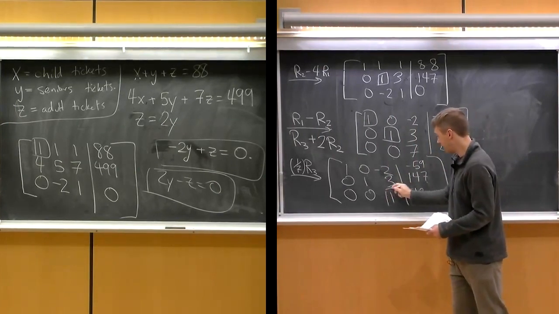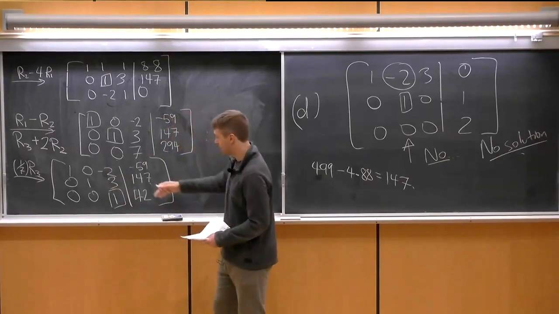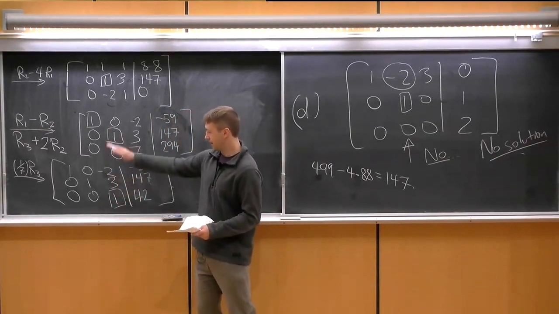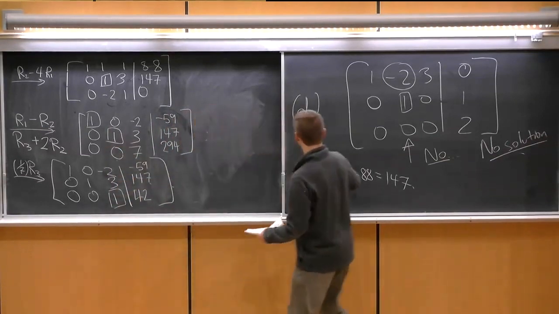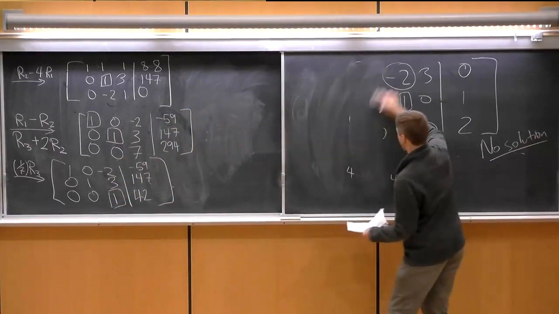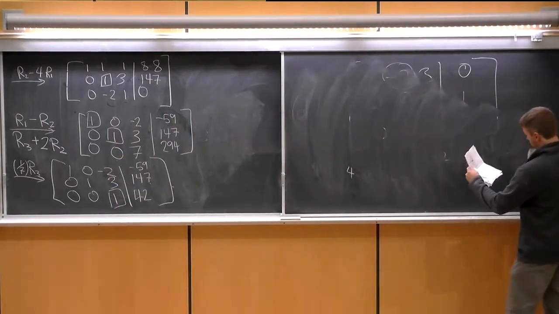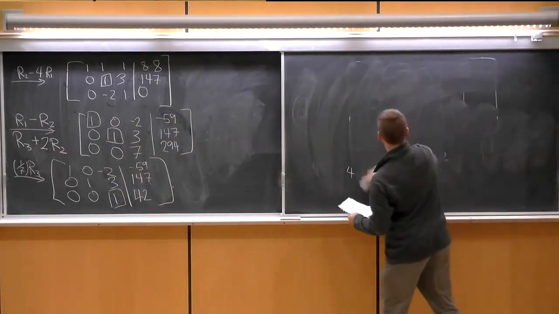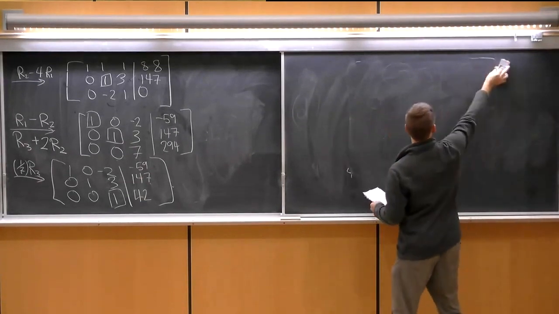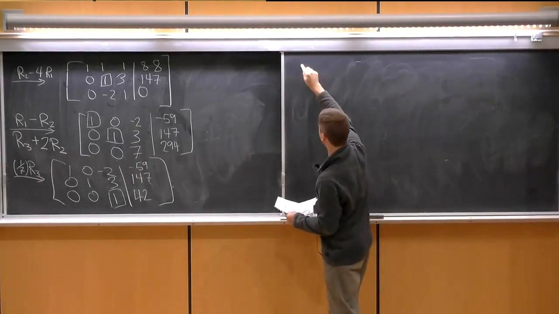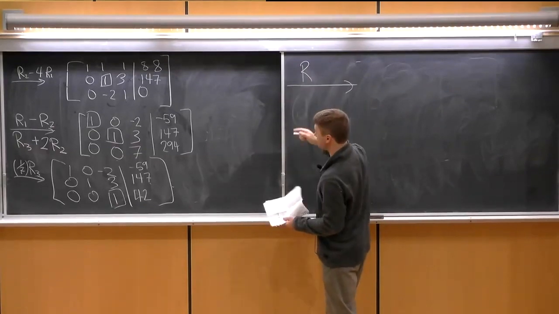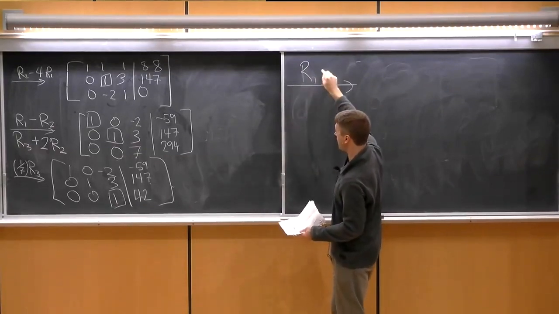Okay, and now I've got this 1 here that I'm happy with, and now I just go to town and eliminate everything in that column. So I'm going to take my next step, doing 2 steps at once: row 1 plus 2 row 3.